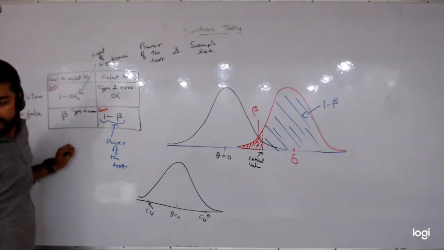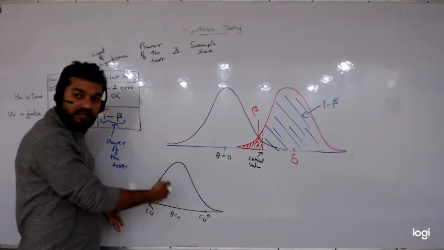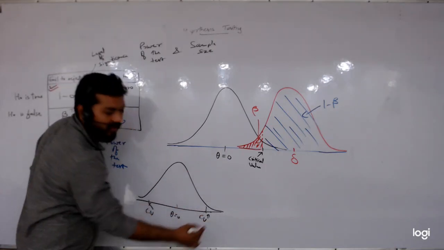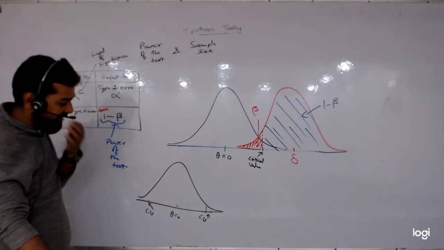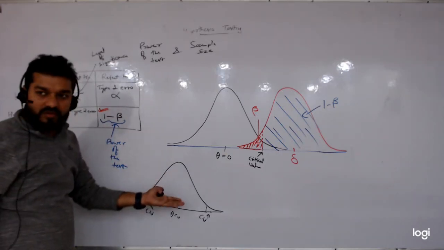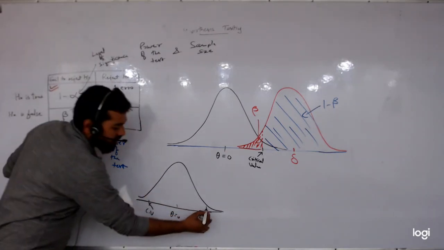It may be so that this is true, fine, there's no problem, and just by chance you get a value here, and you say that now we have enough evidence to reject it. Although this is true, but just by chance you get there.